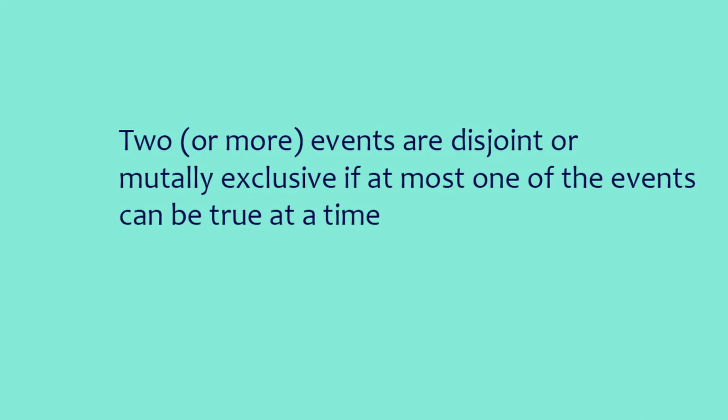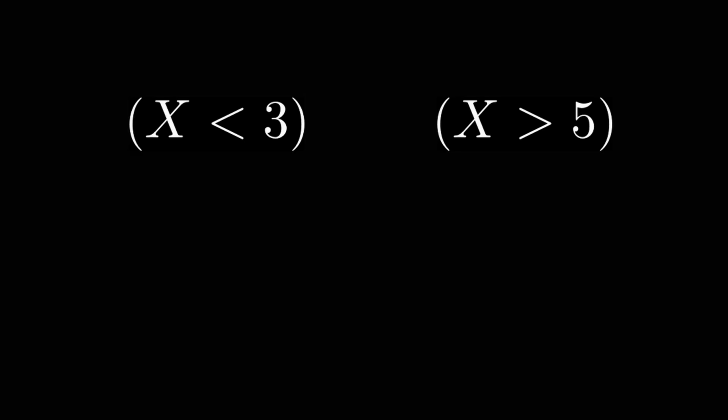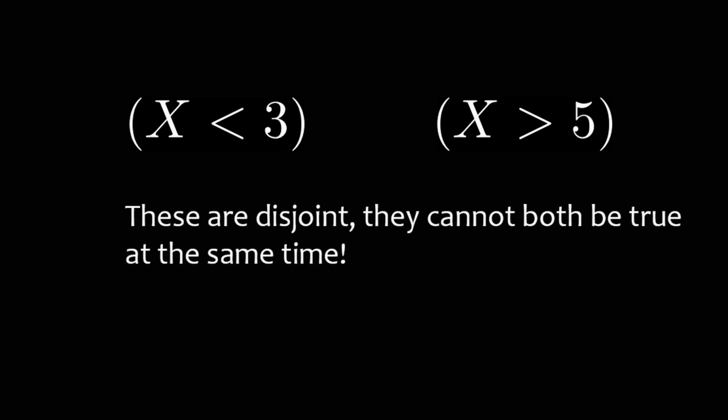Now, another nice thing about indicator functions is that they can be used to indicate when events are disjoint or mutually exclusive. We say that events are disjoint or mutually exclusive, meaning that at most one of the events can be true at any one time. So for instance, if I say it's going to rain today or it's not going to rain today, those are disjoint statements because they can't both be true.